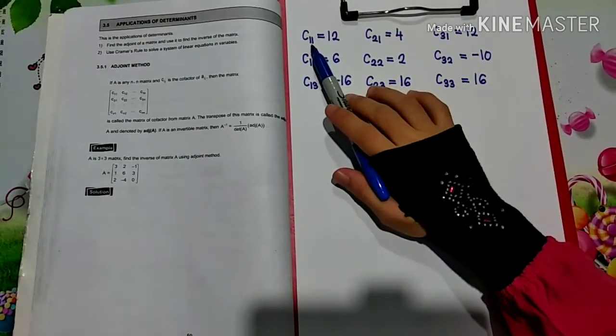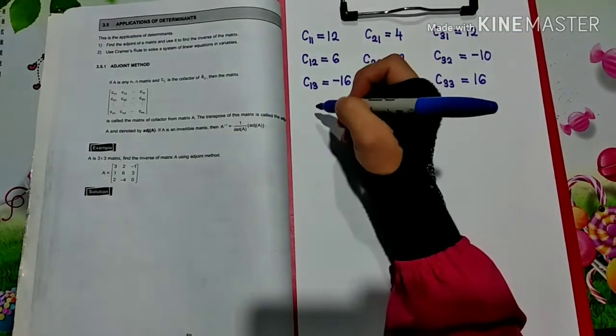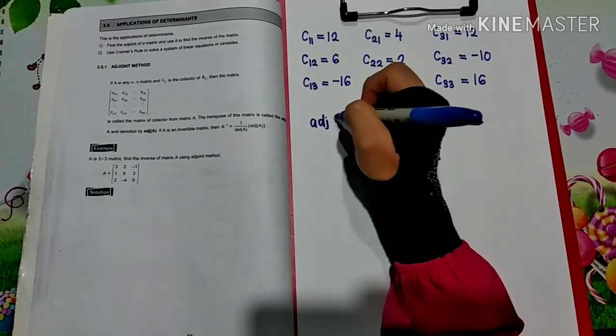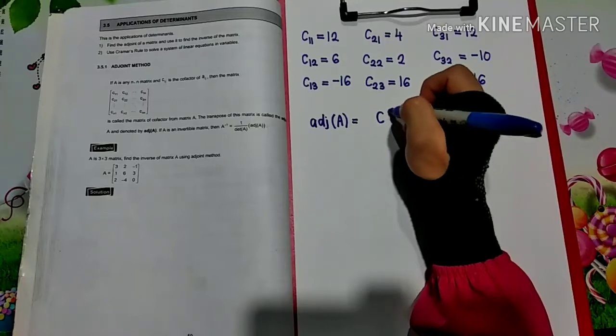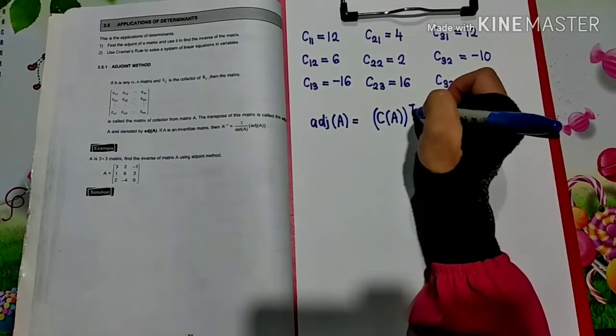After we get all the cofactors for the matrix A here, you can get the adjoint of A. So adjoint of A here equal to cofactor of A, and then we transpose it.